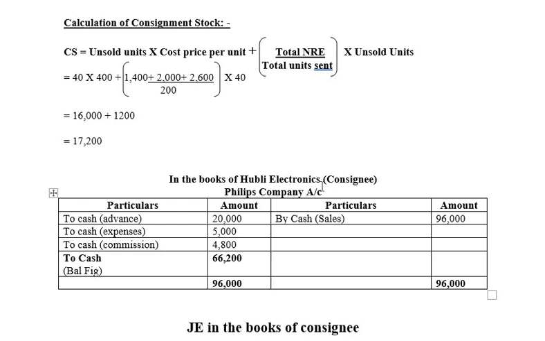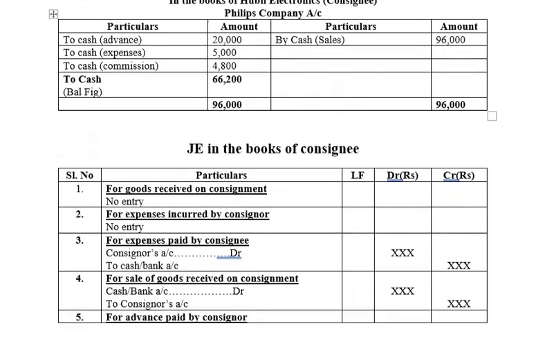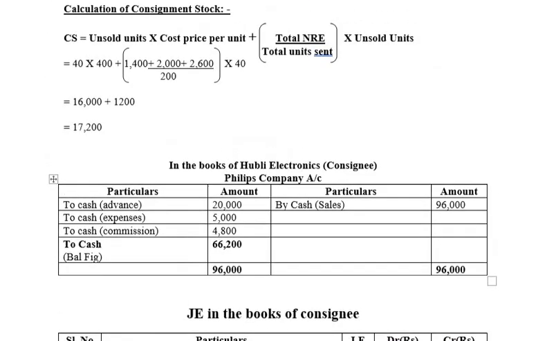In the books of consignee, you will open only one account, which is the consignor's account. Here the consignor is Philip Company account. Then pass the necessary entries as per the journal entries. So these were the journal entries.